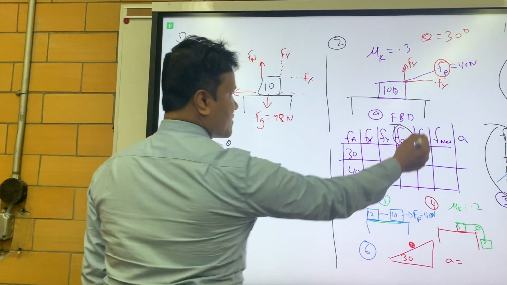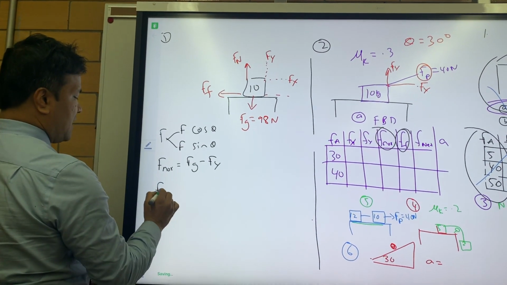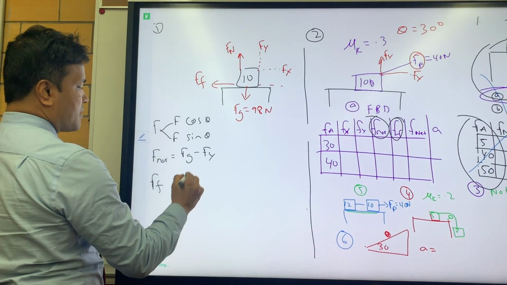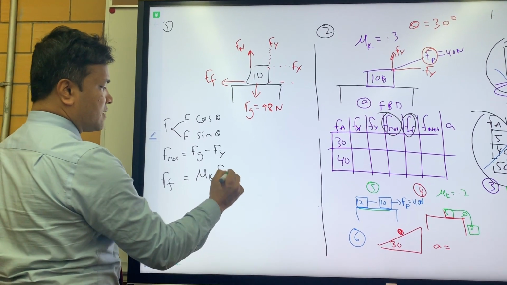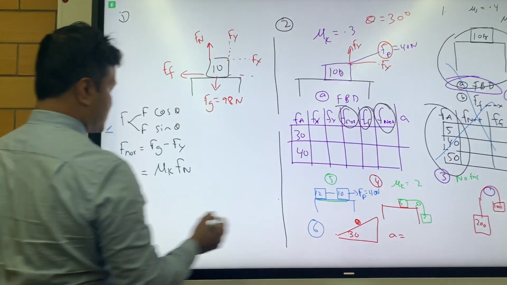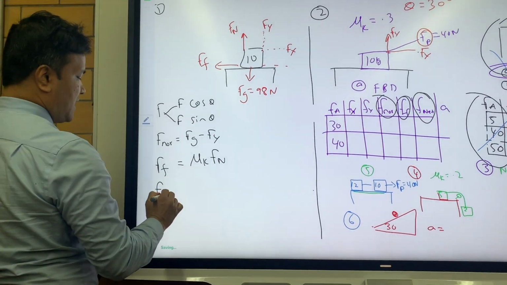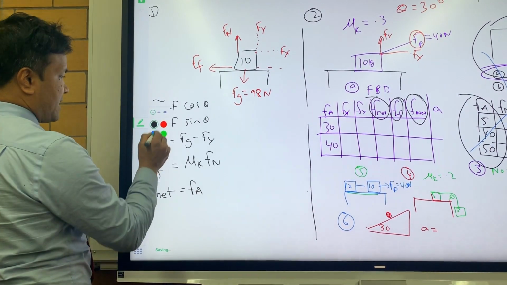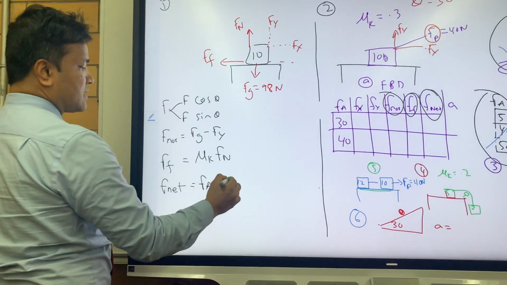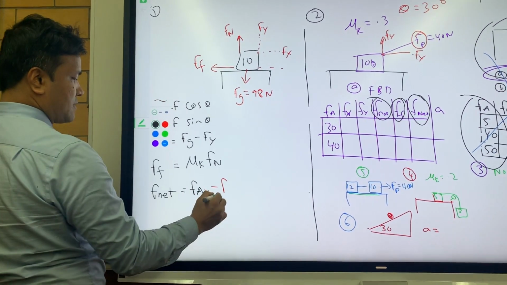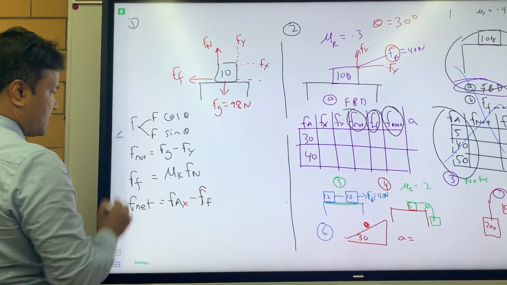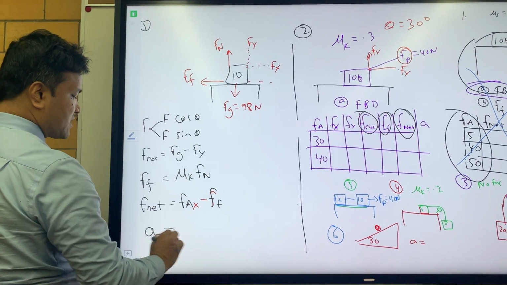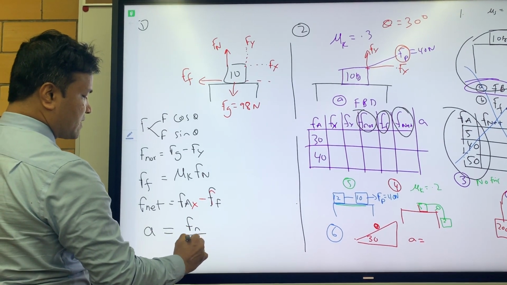Then the equation for Ff: Ff is mu k Fn. Then the equation for F net: F net is equal to Fax, don't forget that, minus Ff. And then finally, acceleration is F net over m.